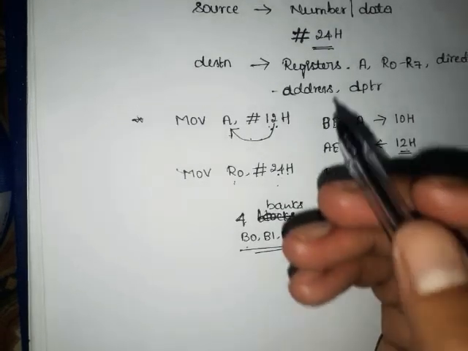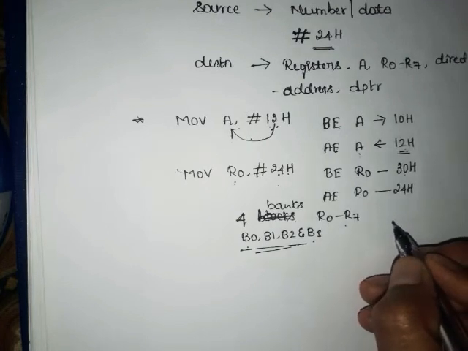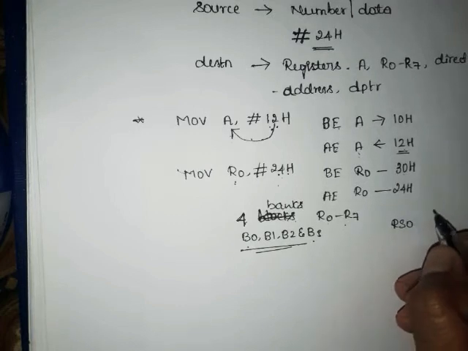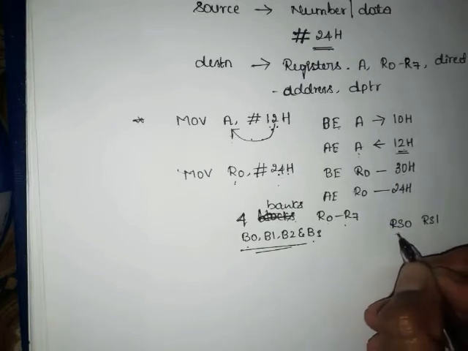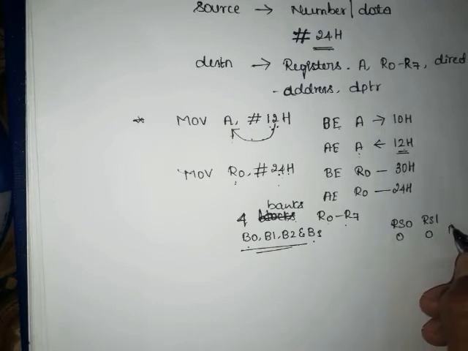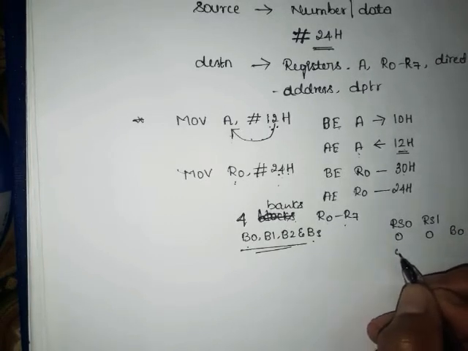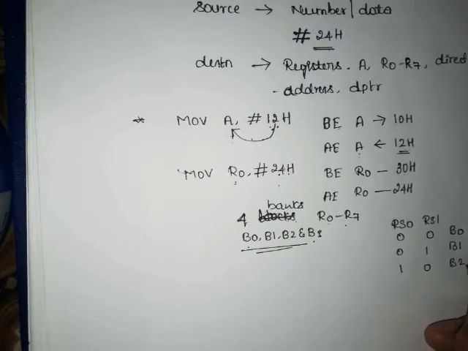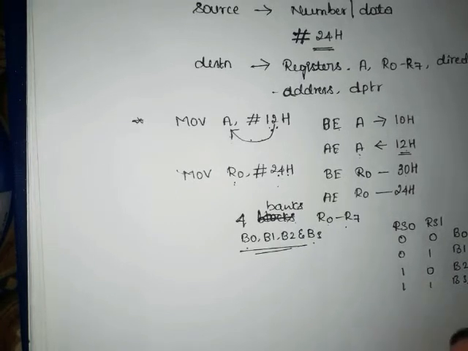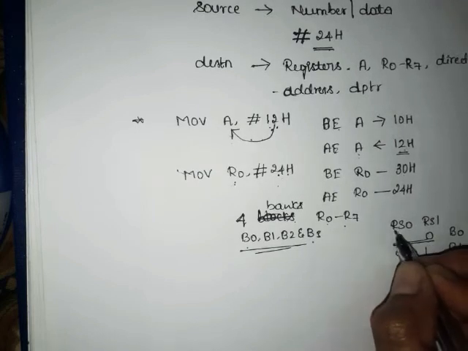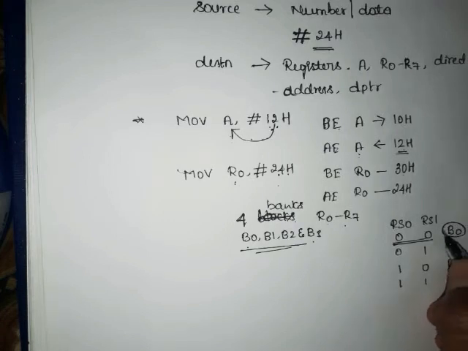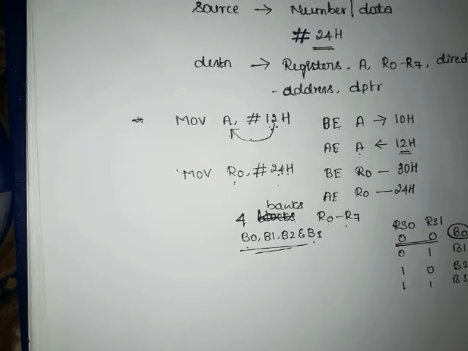For the selection of register banks, we use 2 bits of PSW, that is RS0 and RS1. 00 is bank 0, 01 is bank 1, 10 bank 2 and 11 bank 3 will be selected. By default 00 will be present in RS0 and RS1, therefore by default we are going to have bank 0.